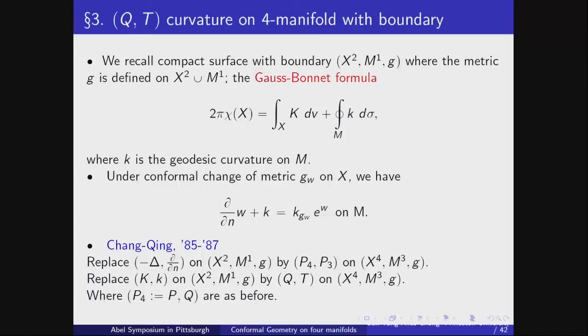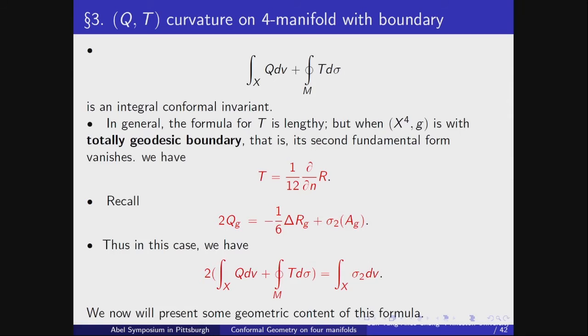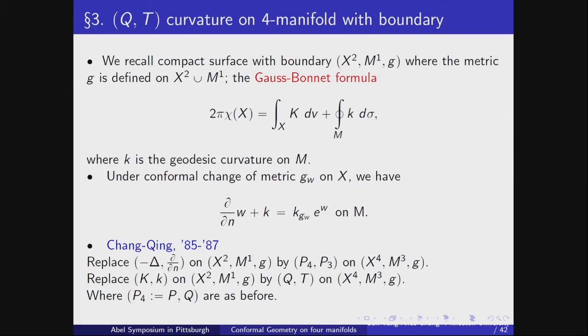Okay, now in the remaining time, let me say a little bit about what happens for 4-manifolds with boundary. Again, on 2-manifolds with boundary, we have the tool of a Gauss-Bonnet formula. There's a Gaussian curvature plus the boundary curvature.